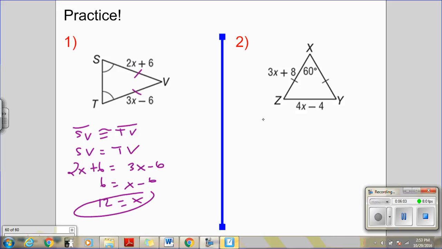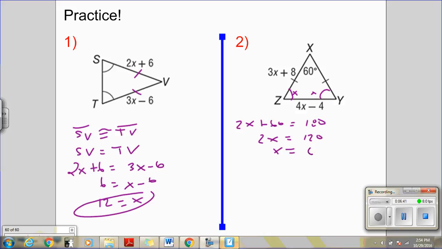Number 2, it shows one 60-degree angle and two sides are congruent. So that means the angles across from those two congruent sides are congruent. And if I were to do the math, calling these x, I would discover that 2x plus 60 equals 180, which would leave me with 2x equals 120.